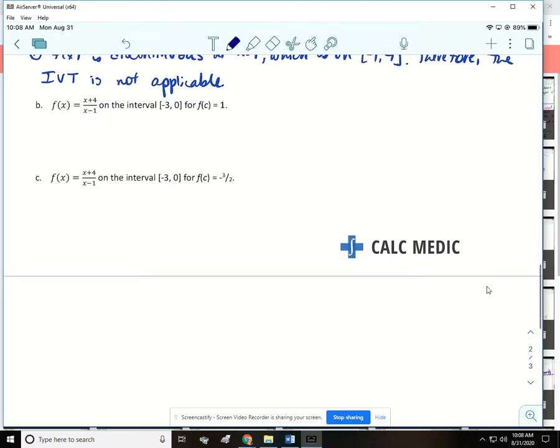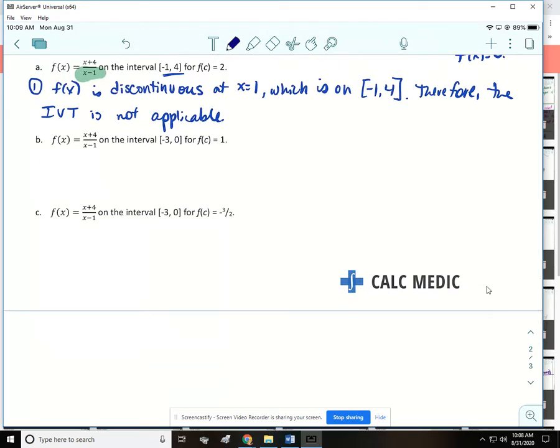Let's look at B. All right, so we already know that the function is discontinuous at x equals 1, because it's the same function.